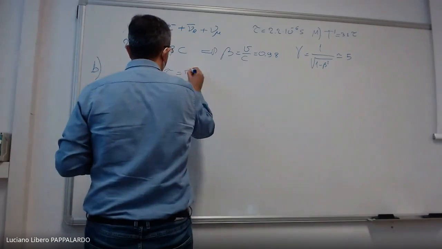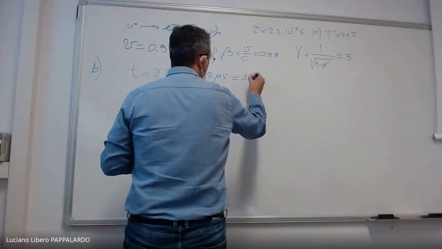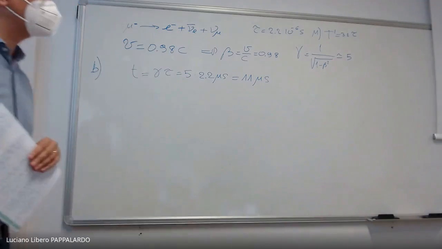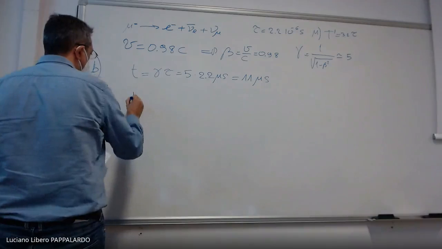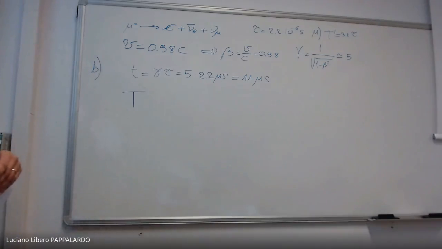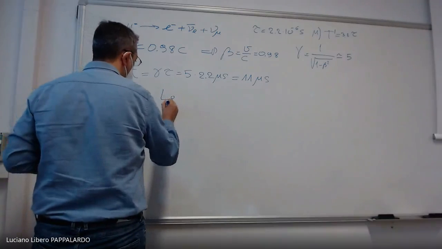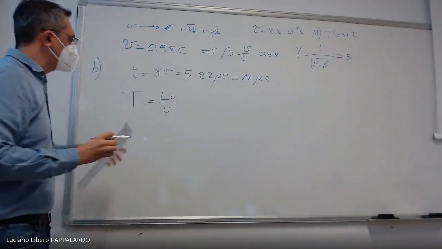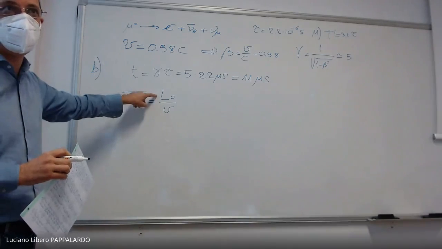And so we have 5 times 2.2 microseconds, which is 11 microseconds. Right? Let's calculate again the time needed by the muon to reach the Earth's surface as seen by an observer at rest on Earth, so T. So this is L0 divided by v, because now the observer on Earth sees the full length of the atmosphere, which is 10 kilometers.